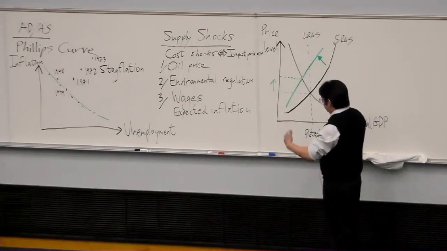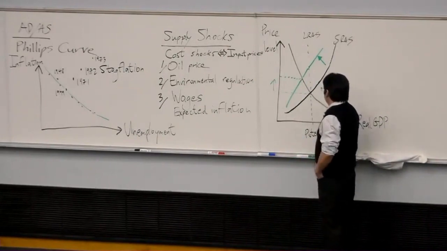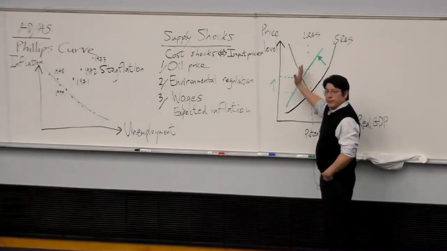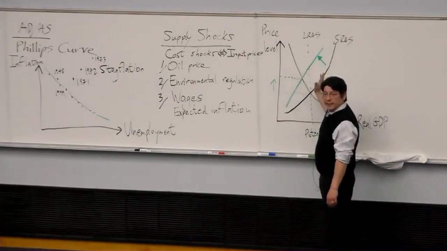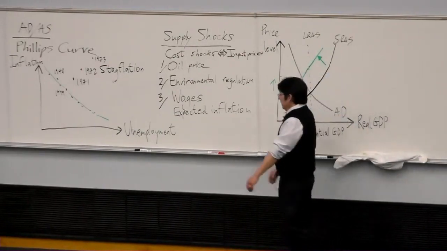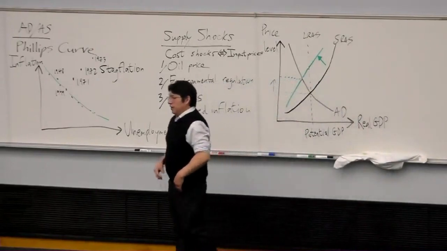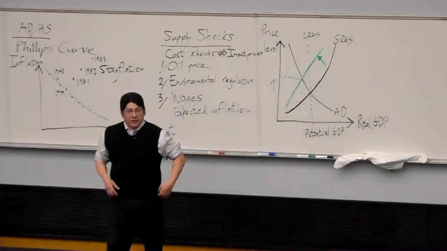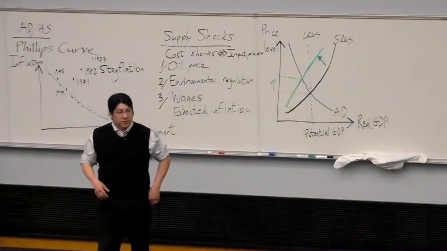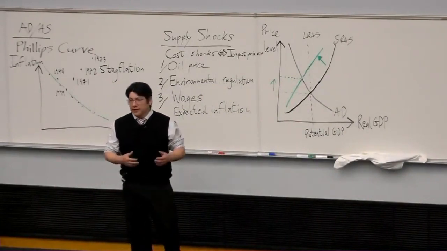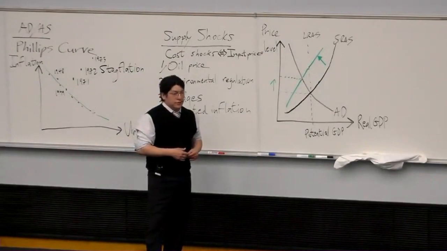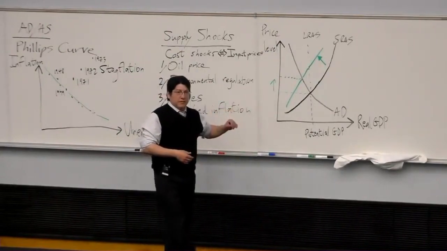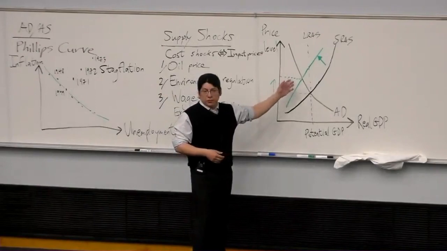So again, the point is that when you have supply shocks, there isn't a mechanism at work that's going to help you get back to where you were before. Suggesting that when there are supply shocks, the argument for government intervention is even stronger than it is for dealing with demand shocks. Because again, the economy left on its own doesn't have tools to deal with stagflation.